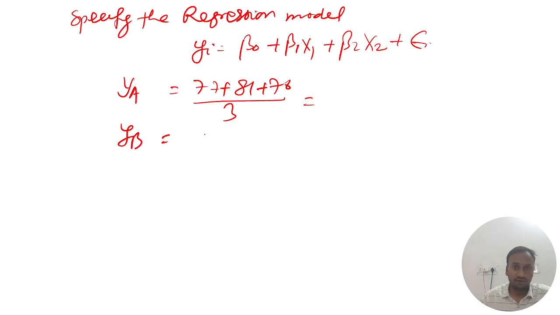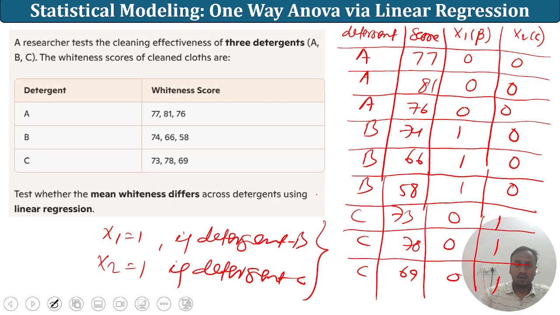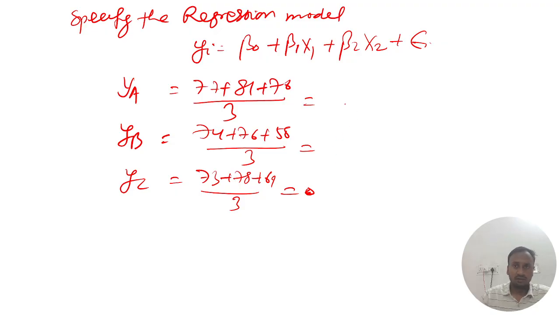What is the value? 78? Then we'll get how much? 76, 66, 73.3.